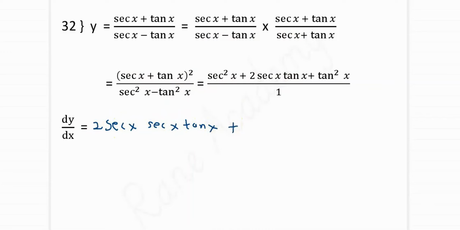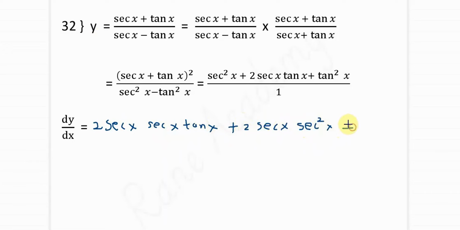So we are going to apply product rule. So I write 2 sec x as it is, and the derivative of tan x is sec square x. Simple application of product rule, sec square x.